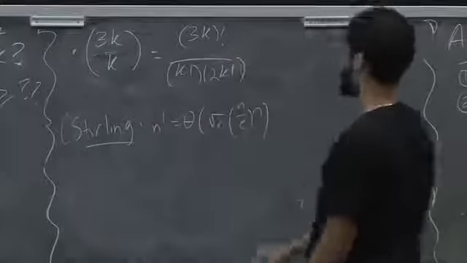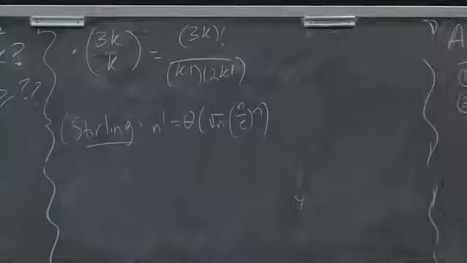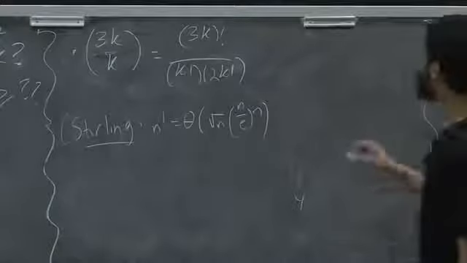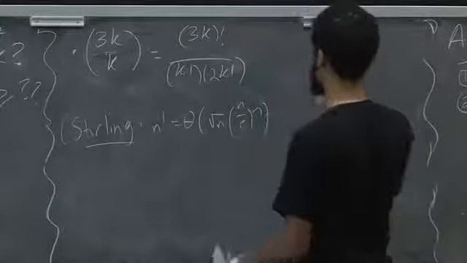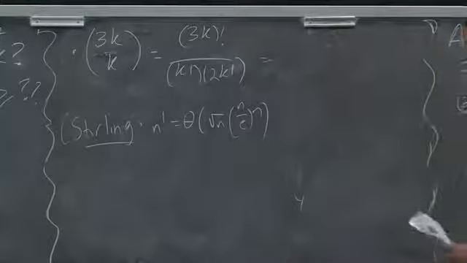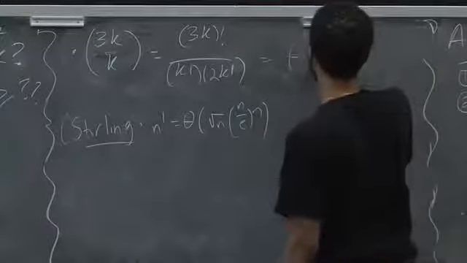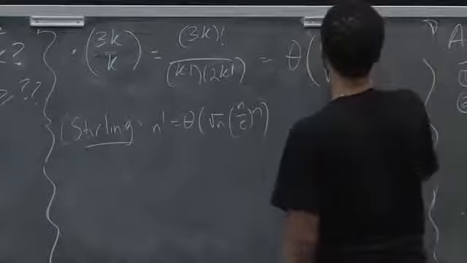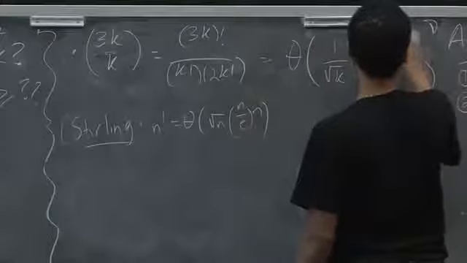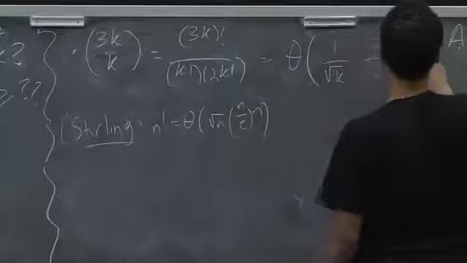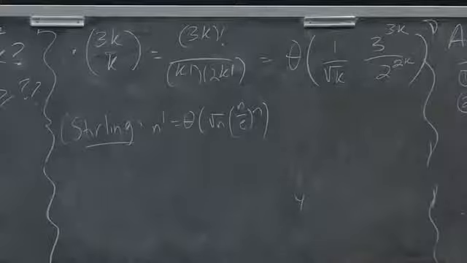So if you just do this, you get something like theta of 1 over root k times 3 to the 3k over 2 to the 2k. Just take my word for it, that's what you get.